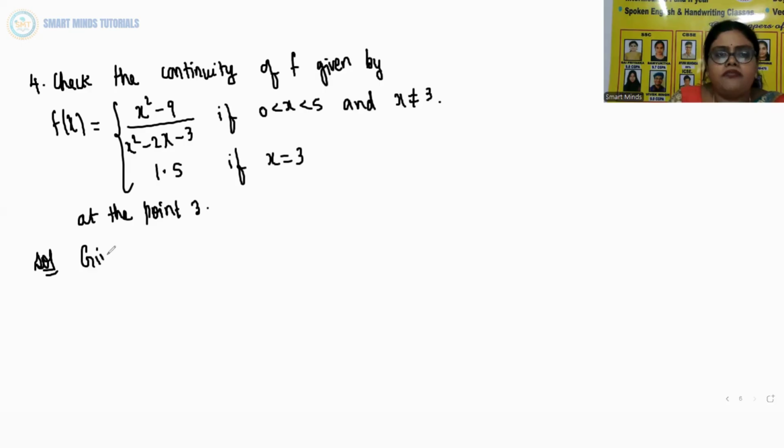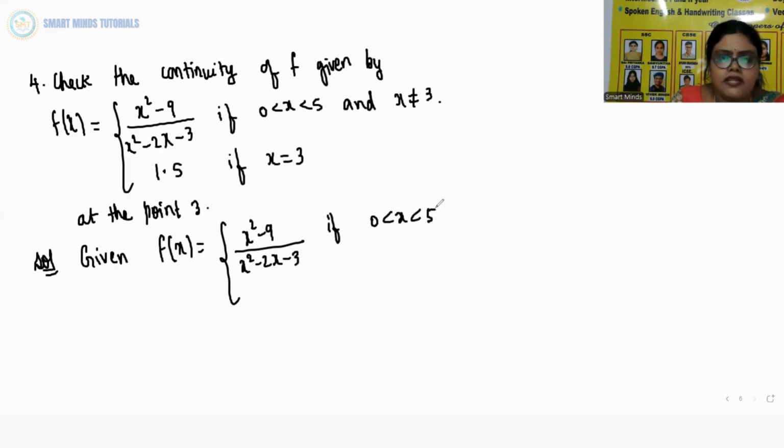First we write the given function. Given f of x is equal to x square minus 9 by x square minus 2x minus 3 if 0 less than x less than 5 and x not equal to 3. Then 1.5 if x is equal to 3.